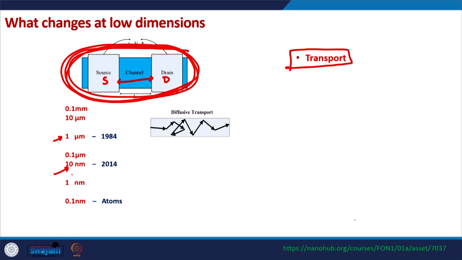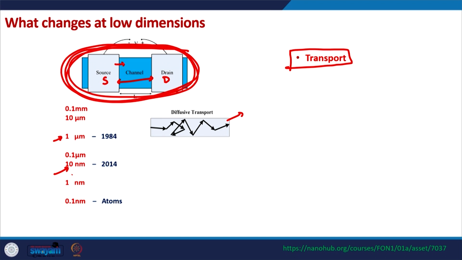In larger systems or in the bulk devices, generally the picture of the electron transport is something like this, in which the electron, let us say, starts from the left side, and it has many atoms in the channel region, because the channel is long, the channel is few micrometers.